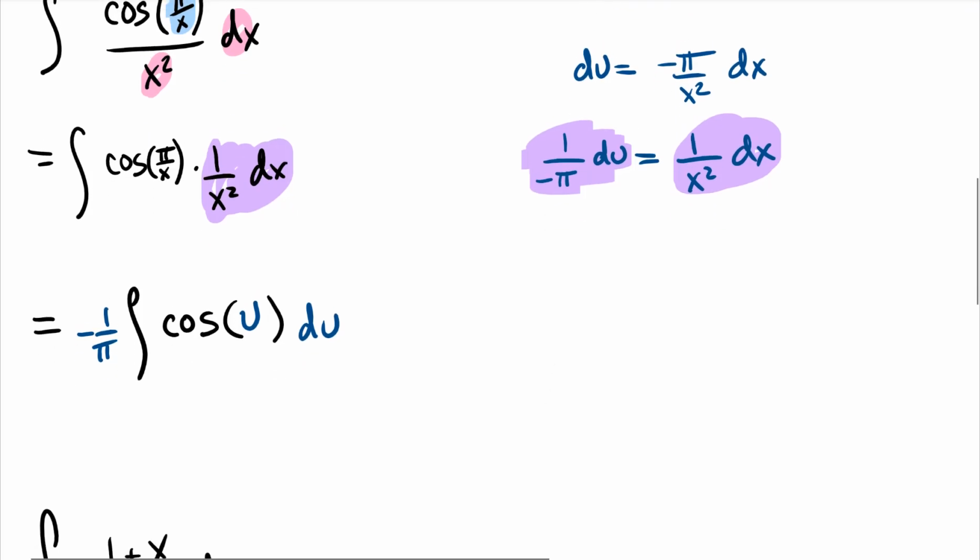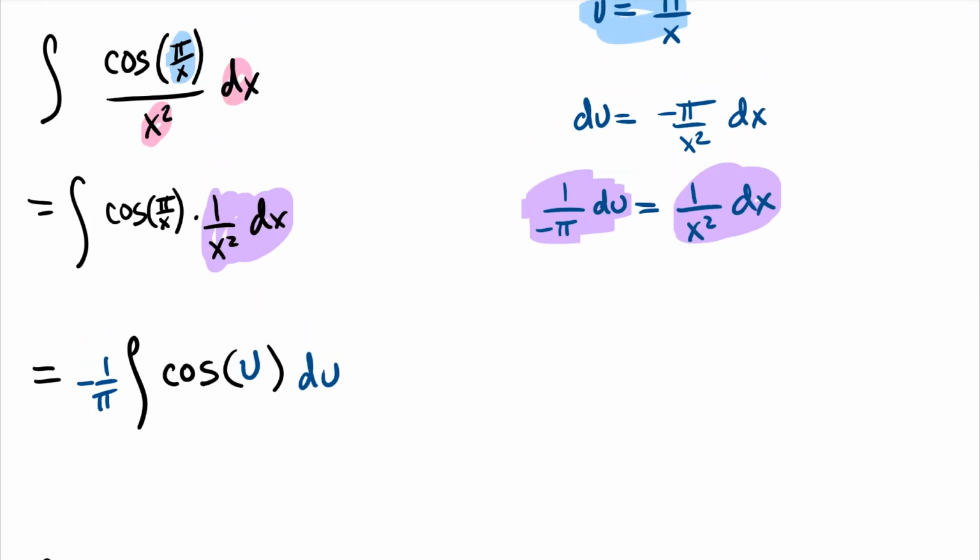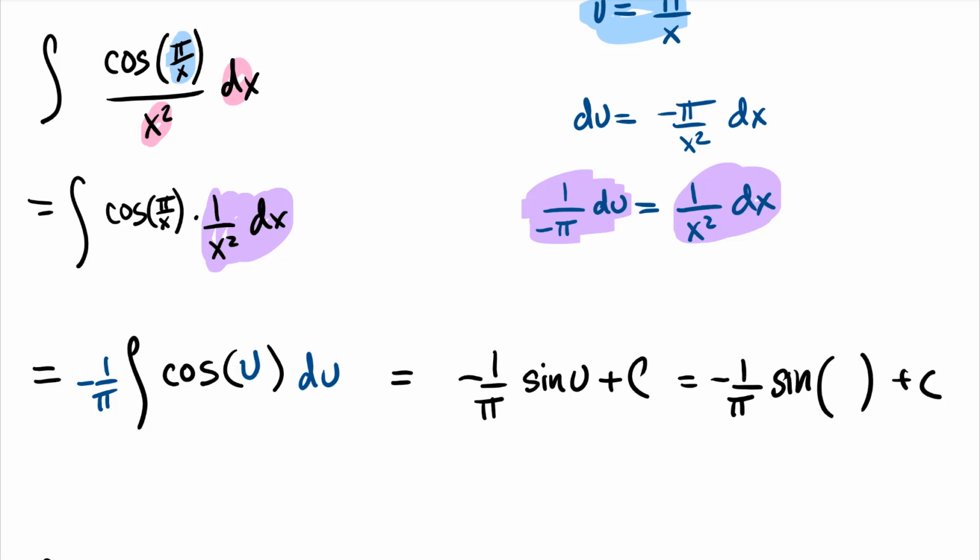Take a breath. And we got our negative 1 over pi, and then the antiderivative of cosine is positive sine, so we get sine of u plus c. Now we go through and we replace, so it's sine of plus c, and we just pop in our u again, pi over x. And there's our solution.